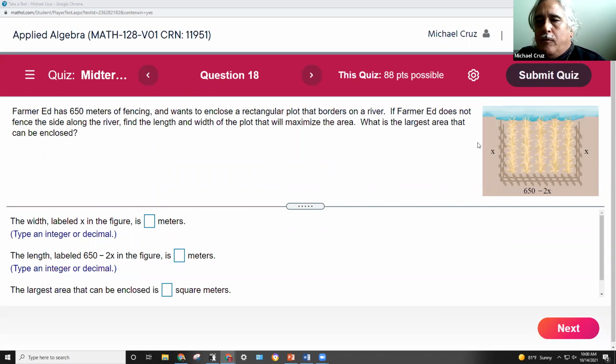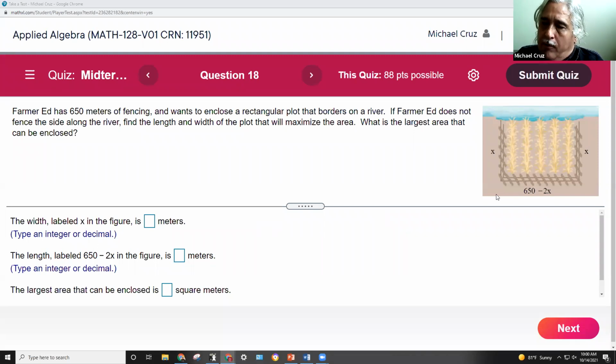All right, this is dealing with a picture. So how can we look at the width? We're going to have to figure this thing out.